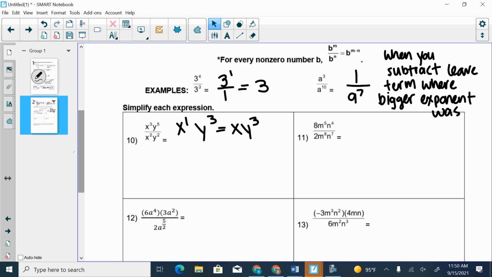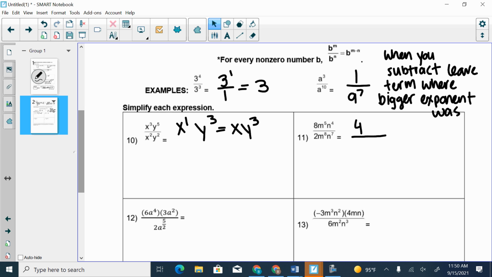Number 11. So we've got numbers first. Remember, we treat those like usual. So what is 8 divided by 2? 4. Okay. Then I look at m. My exponents for m are 5 and 8. When I subtract, I get 3. And where was the bigger one? In the bottom.